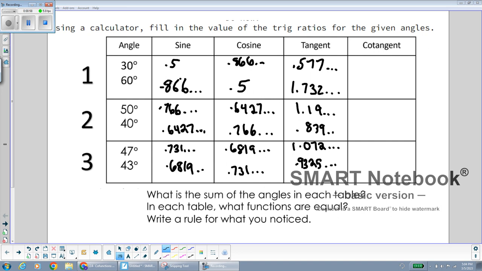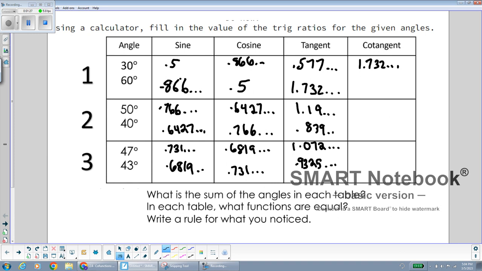Remember that cotangent is the reciprocal of tangent. So I can type that into my calculator as 1 divided by tangent to get cotangent. If I want cotangent of 30 degrees, I'm going to type in 1 divided by tangent of 30 degrees, and I'm going to hit enter, and I get 1.732 and then some more decimal places.